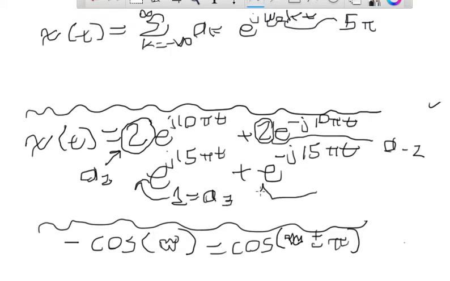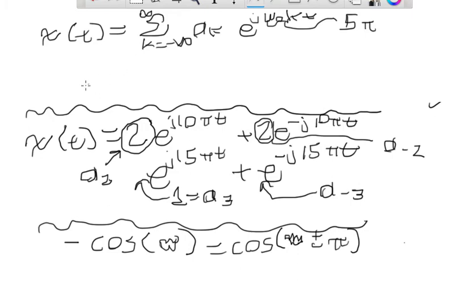Same thing over here. This would be your a minus 3. When you write what the Fourier series coefficients are, remember they're just these phasor type terms sitting out in front. In general, this could be complex. You don't want to ever write something like a2 equals 2 e to the j 10 pi t. It does not include all of this actual complex sinusoidal stuff.